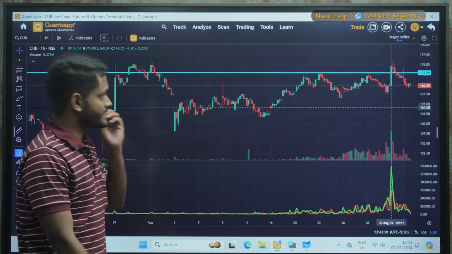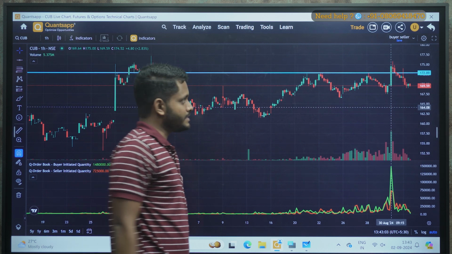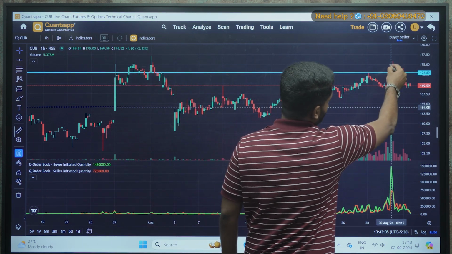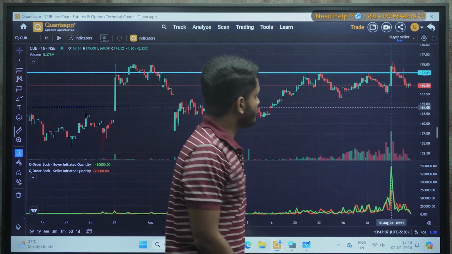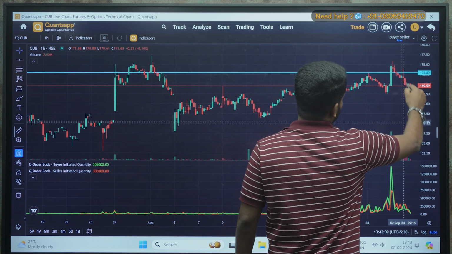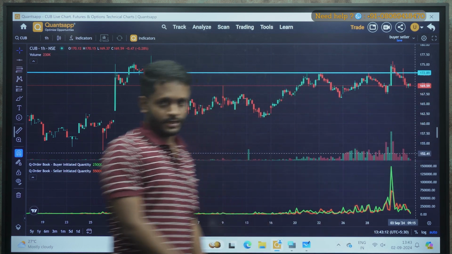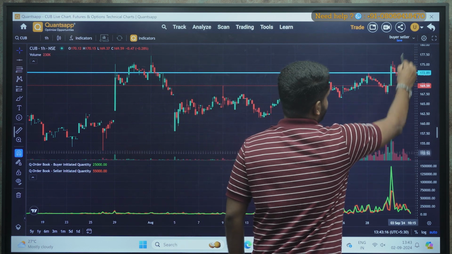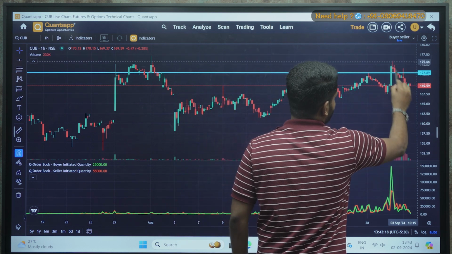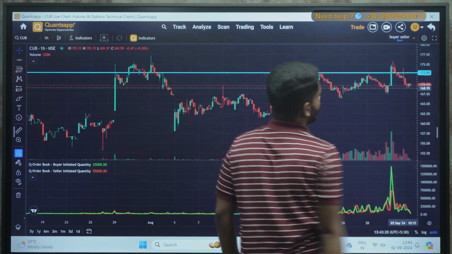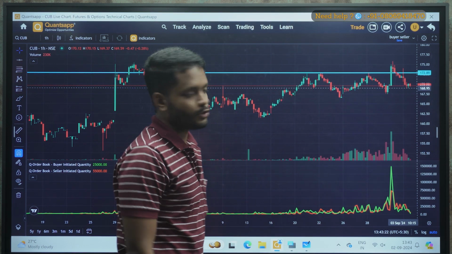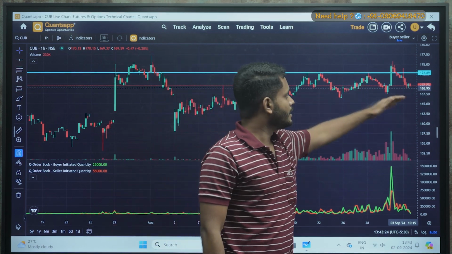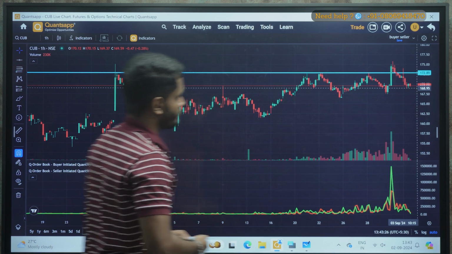So just on the basis of technicals, if I would have taken a trade at the closure of this candle, you can see how badly I could have got trapped over here. Almost from 173, 174, 175 levels, it has again retraced back to 168. So it is again below the resistance level as of now.